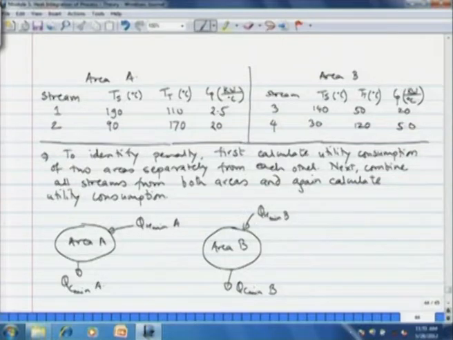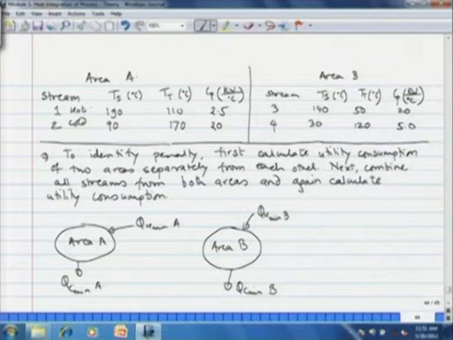Suppose we have two areas in the plant, one area A and another area B, and there are two streams in each of these areas. Area A has stream 1, supply temperature 190, target temperature 110, that is the hot stream, and then the second stream, which is a cold stream, supply temperature 90, target temperature 170.